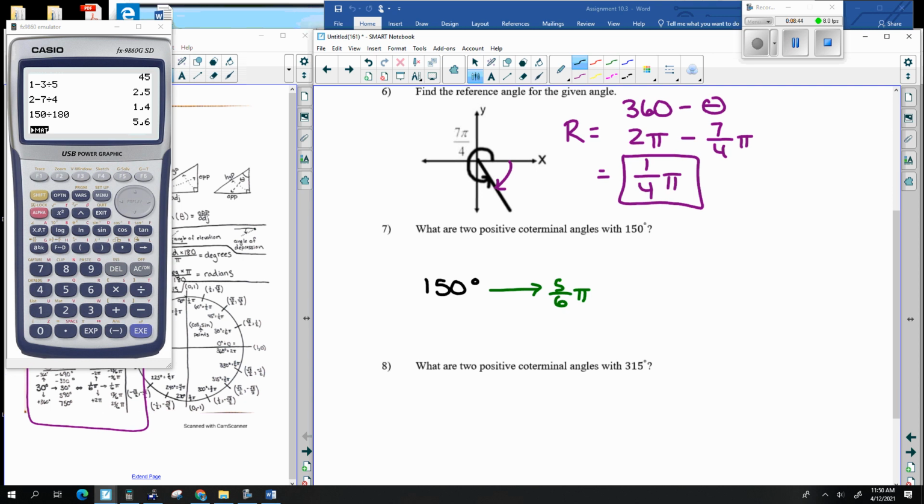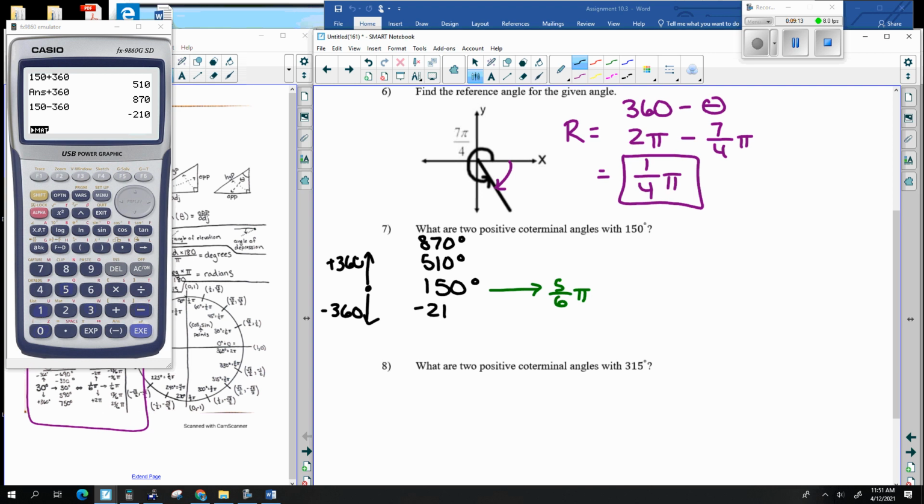What I'm going to do is I'm going to add circles to it. So let's add 360 degrees to this 150 degrees. So that's the same thing as saying 510, 870. Okay, and then I'm also going to subtract circles from it.